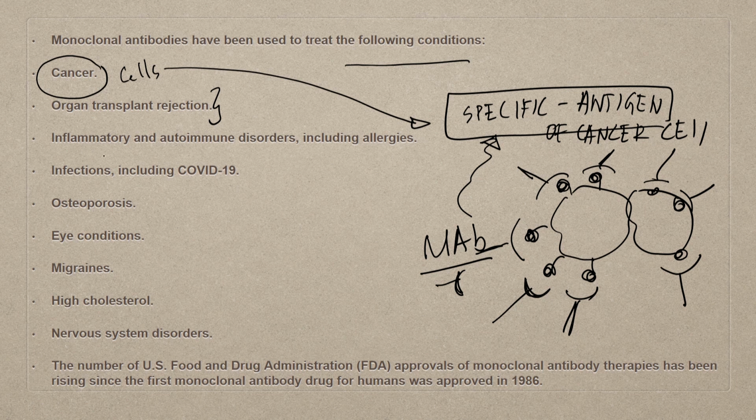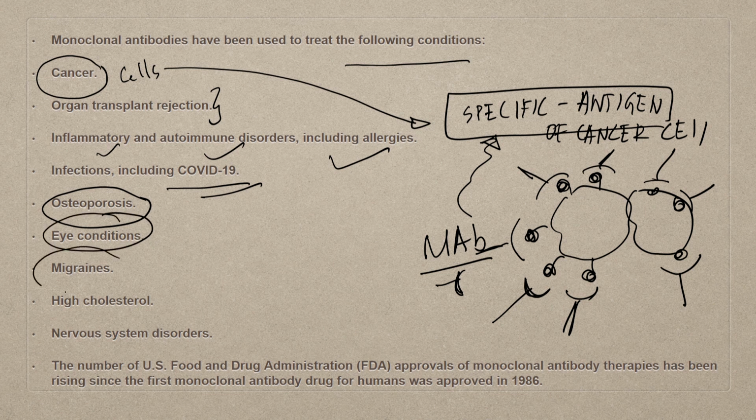They are used for inflammatory and autoimmune disorders including allergies, and infections including COVID-19. There are monoclonal antibodies produced against COVID-19. Osteoporosis, a bone related disorder where there is degeneration of the bones. Eye conditions, migraines, high cholesterol level, nervous system disorders.